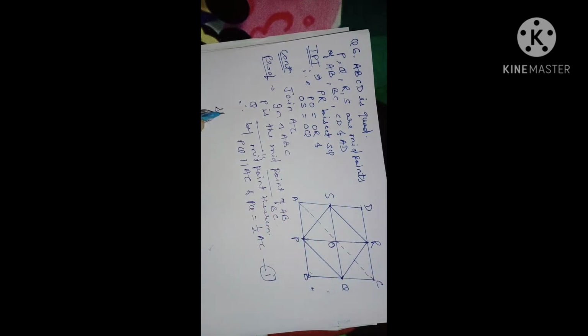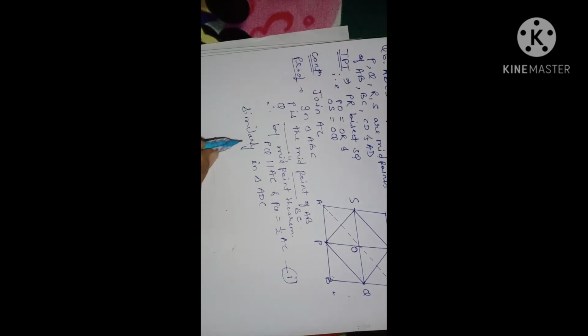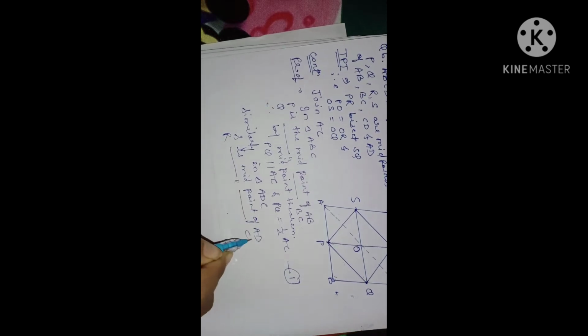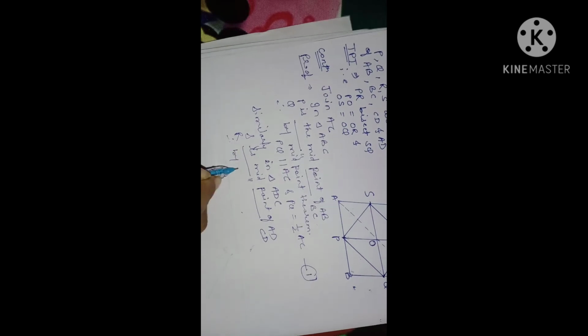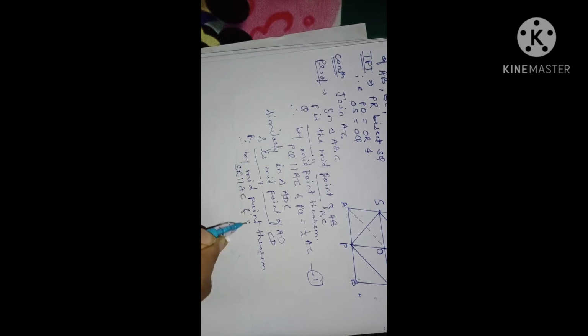Then consider triangle ADC. Similarly in triangle ADC, S is the midpoint of AD and R is midpoint of CD. Therefore, by midpoint theorem, what can you write? You can write SR is parallel to AC and SR equal to half of AC.